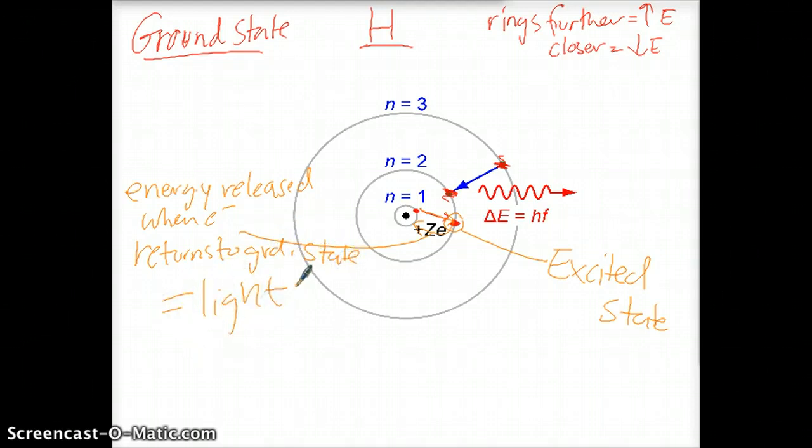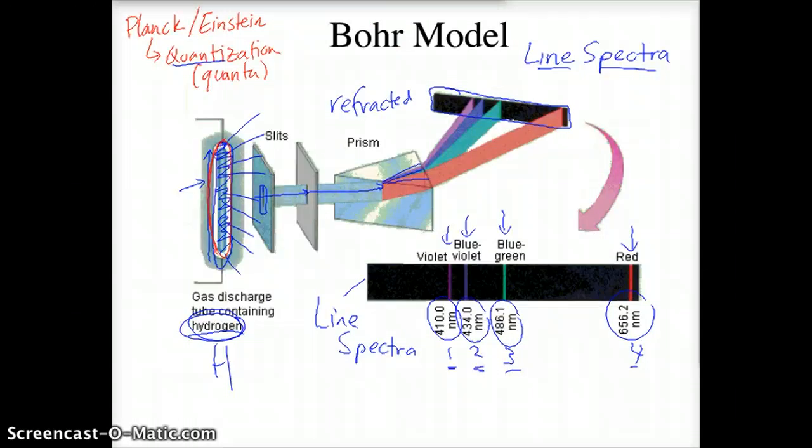And that's what we see. So when we see a line spectra for hydrogen, what we're seeing here, and here, and here, and here, are the exact amounts, the quanta of energy, that are being released by electrons when they move from their ground state to their excited state and then back down when they drop.